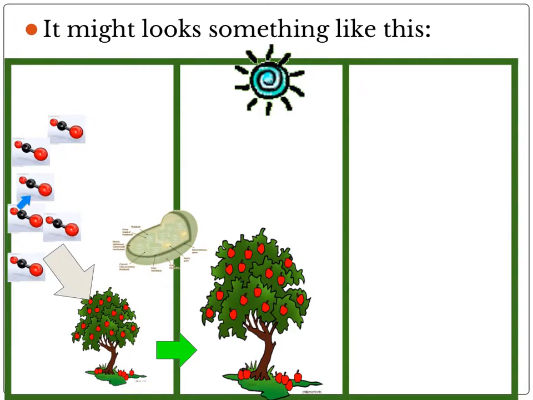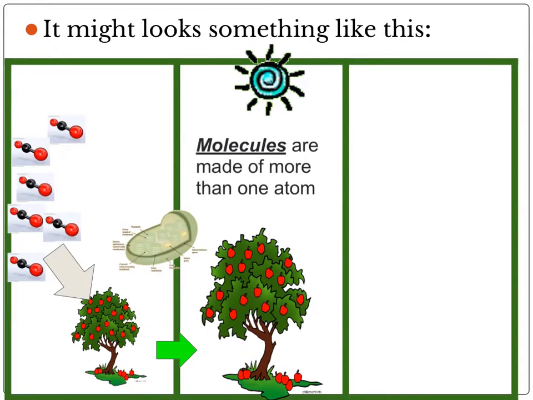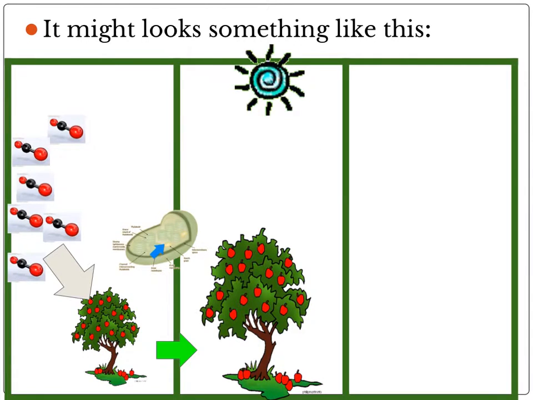So here's another way of looking at it. Here are 6 carbon dioxide molecules. They go into this tree's chloroplasts. The tree will use those carbon dioxides to make their body. So the tree gets slightly bigger. This is clearly exaggerated, but it will get slightly bigger.